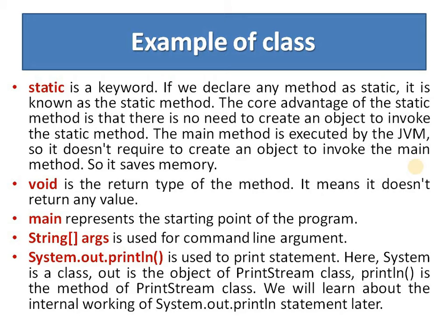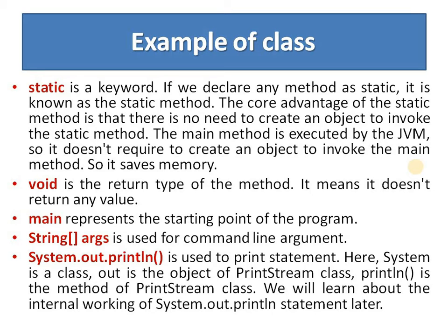Next, void. Void is the return type of the method. It means it does not return any value. Understood? Main represents the starting point of the program or starting execution of the program. String args, args means arguments, is used for command line arguments.